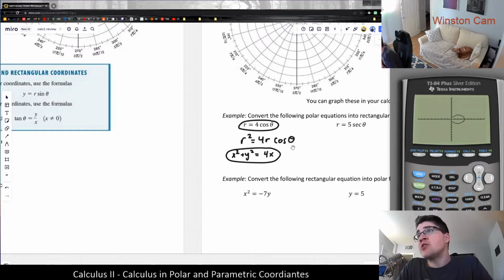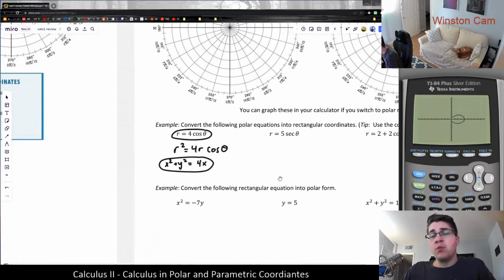Now, what about the equation r is equal to 5 secant theta? Well, we could rewrite secant using trigonometric identities, because we know that secant is the reciprocal of the cosine function, or 1 over cosine. And I could just multiply both sides by cosine.